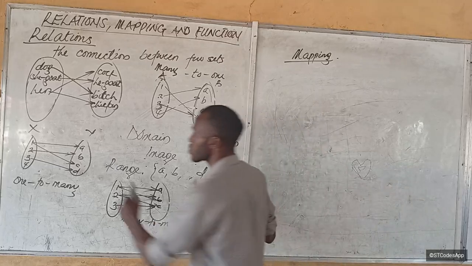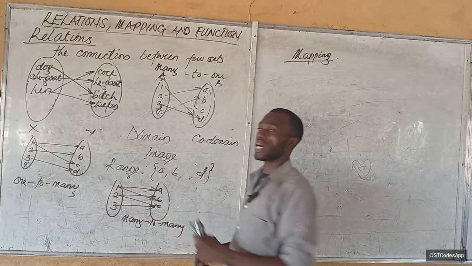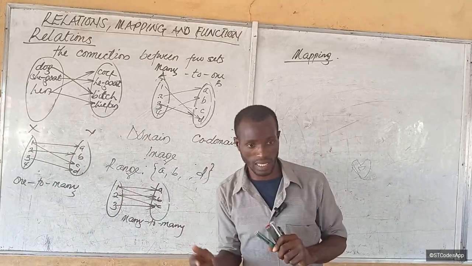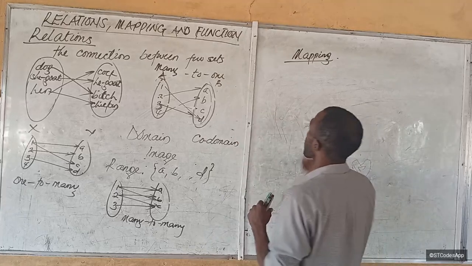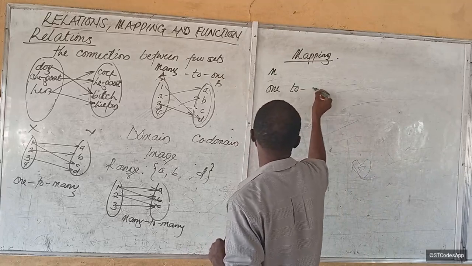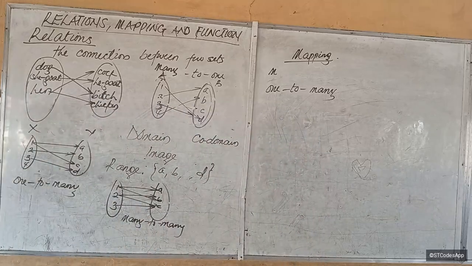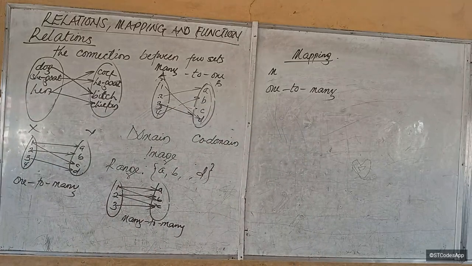Okay, so for example, this example here is not mapping. Is that okay? Now, another thing that is not mapping is this. When we have 1 to many, that case too is not mapping. That case is not what? It's not mapping.